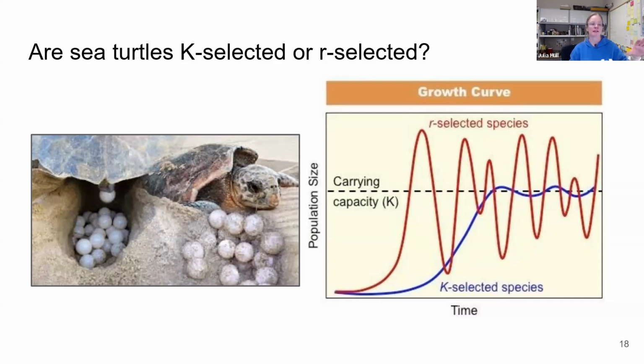Besides nesting, they provide little to no parental care. So once those eggs hatch, you're on your own, kid. So they have some characteristics of K-selected and some characteristics of r-selected species. Our organisms don't always fit into our nice little categories that us humans like to shove things into.